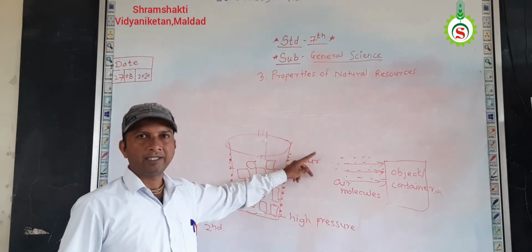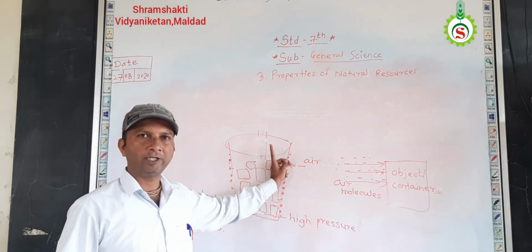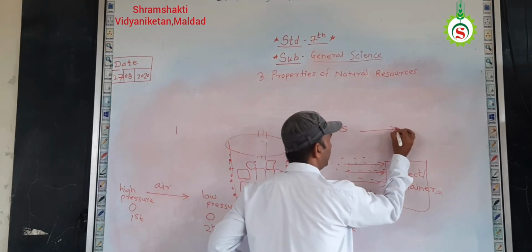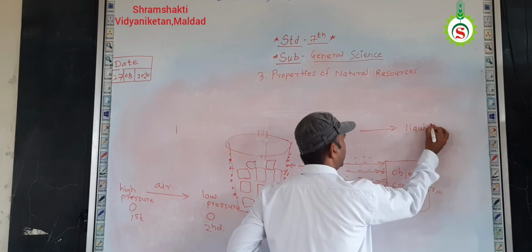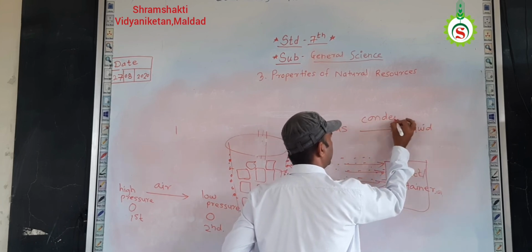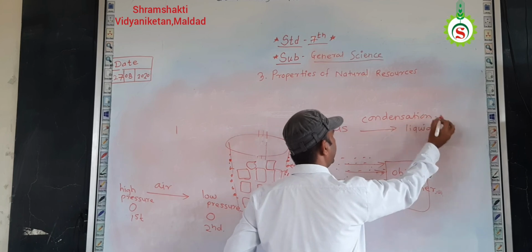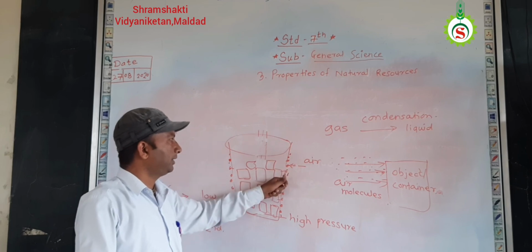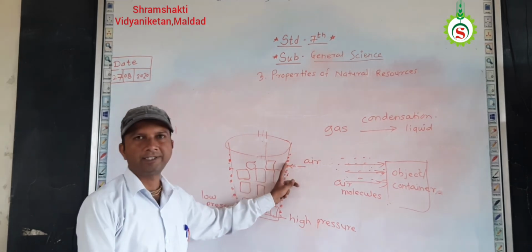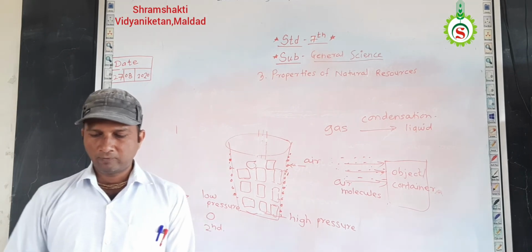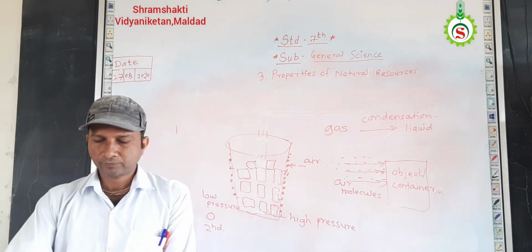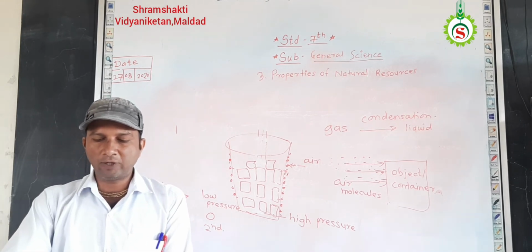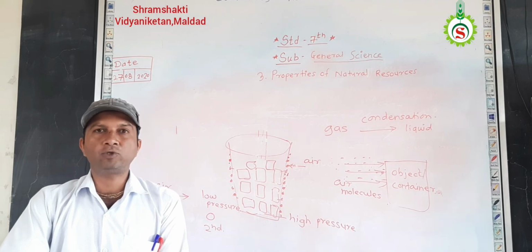When the gaseous state is converted into the liquid state, that process is called condensation. Gas is converted into liquid, so it is called condensation. Due to the cooling of the air molecules, they are converted into liquid form, or water droplets. So the water vapors in the air cool down, condense, and are transformed into water.